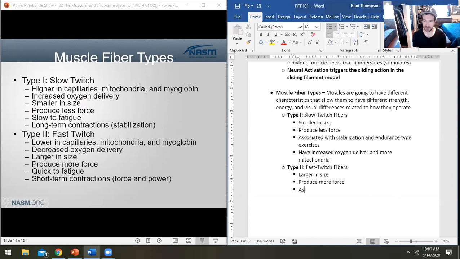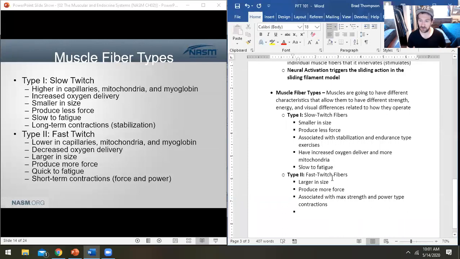They are associated with force and power type contractions. Actually, we'll say max strength and power type contractions. They are usually quick to fatigue. Actually, I should put that up here. Hold on. Slow to fatigue in your type 1 fibers. Type 2 fibers are quick to fatigue.